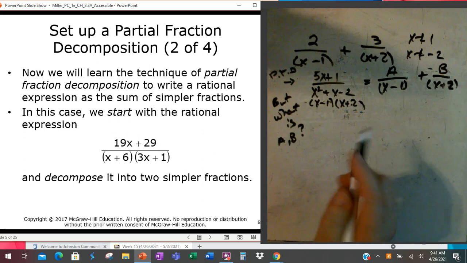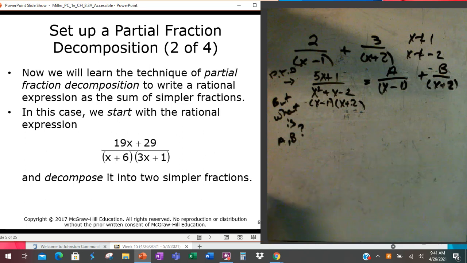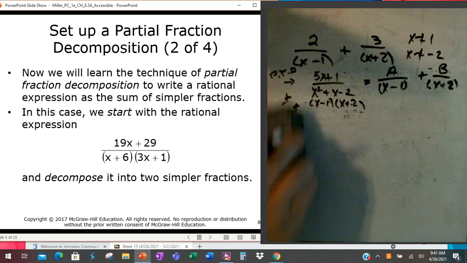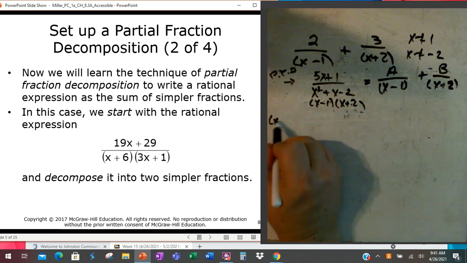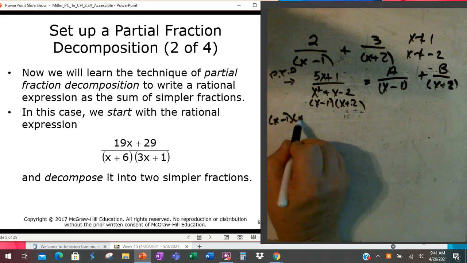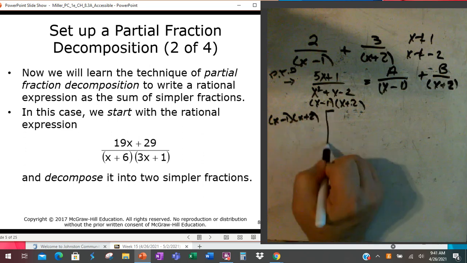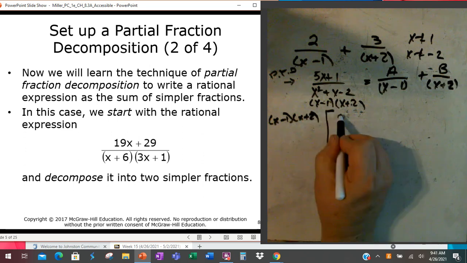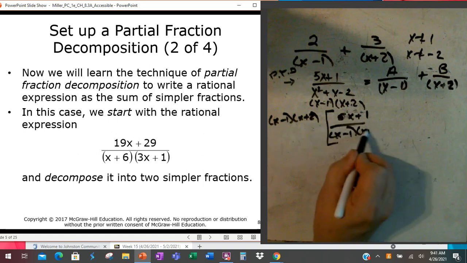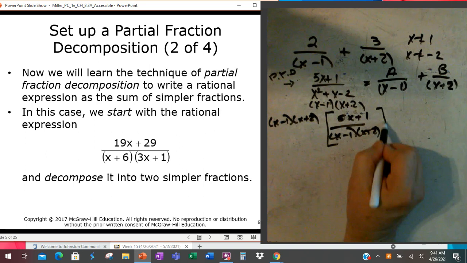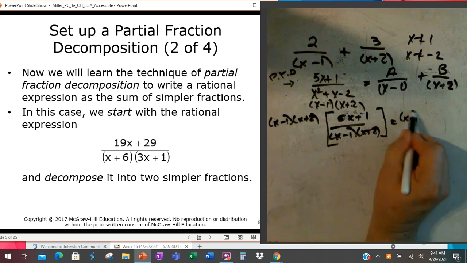A little side note, but I'm going to multiply both sides by these factors, x minus 1, x plus 2, times my 5x plus 1 over my x minus 1, x plus 2. Same thing here.